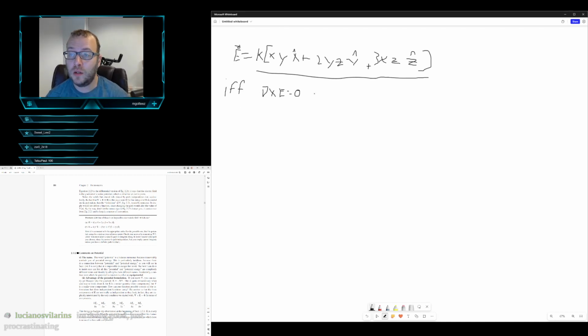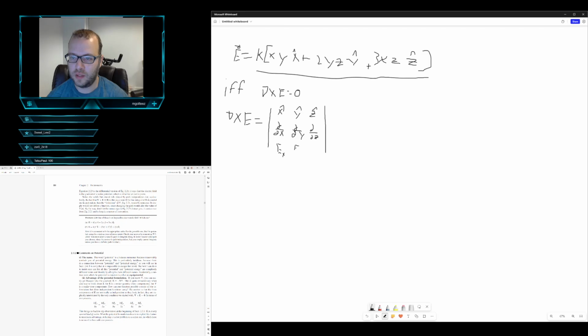Del cross E is equal to the determinant of x-hat, y-hat, z-hat; partial with respect to x, partial with respect to y, partial with respect to z; and then Ex, Ey, Ez.